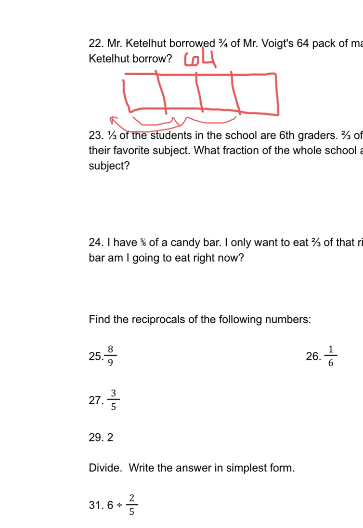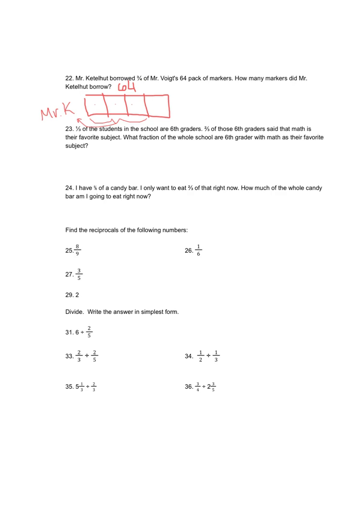This is Mr. K. So he's got these 3 right here. And once again, the key word here is going to be of. So we know it's going to be 3/4 of 64, or times 64. We know that 64 is the same as 64 over 1. And we got to multiply across.